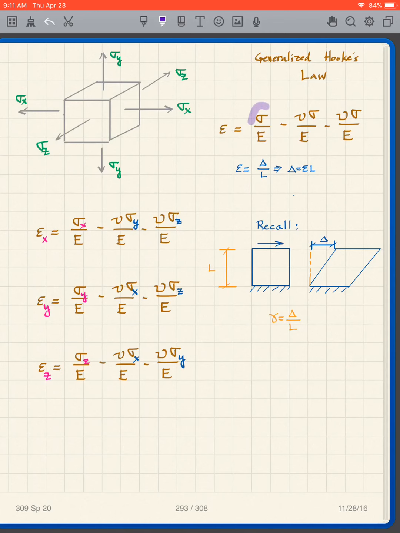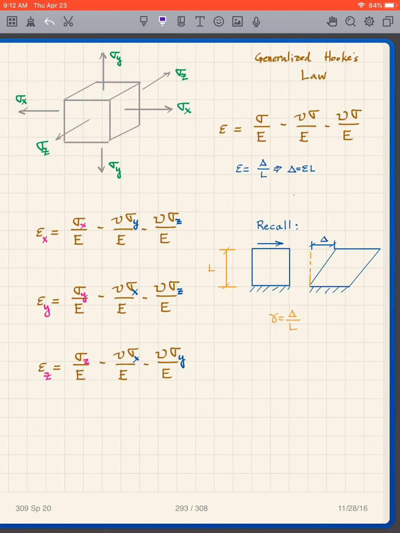For an epsilon, I have my sigma over E effect, but then I also have my Poisson's ratio effect in the other 2 directions. So my epsilon is the sum of all 3 of those. That's the basic form.